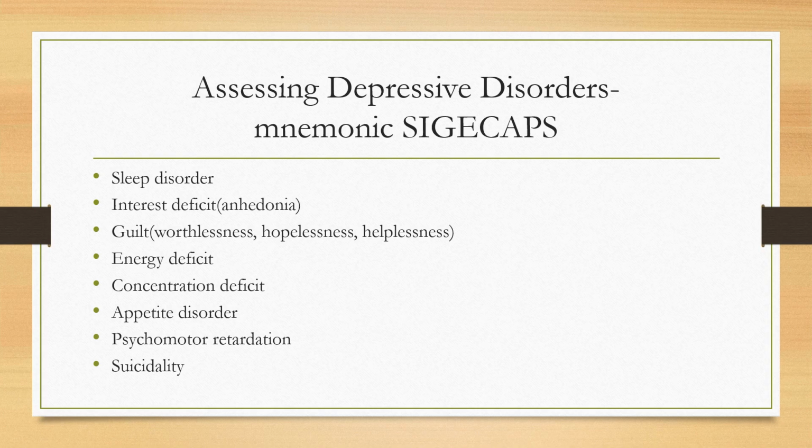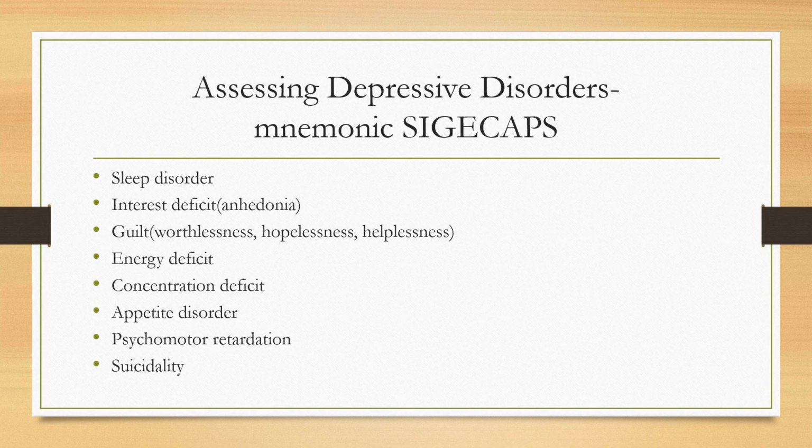And is there any difficulty with sleep? Next, to come to anhedonia or interest deficit, you could ask, before you felt really sad, what sort of things would you do for fun or for relaxation?